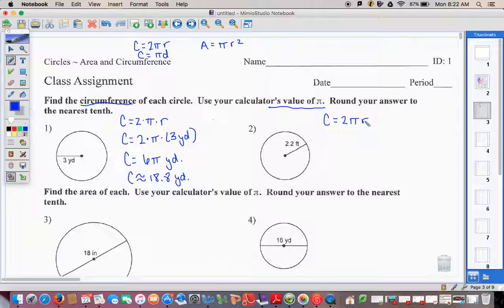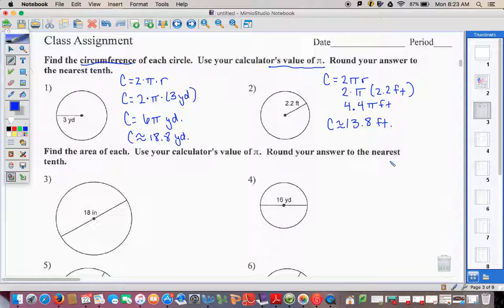Hopefully you get the same answer that I get, but you've got to put the information in to see. So if I do that, I have 2 times pi times 2 2/10 feet. The exact answer would be 4 4/10 pi feet. And 4 4/10 times pi gives me approximately 13.8 feet.